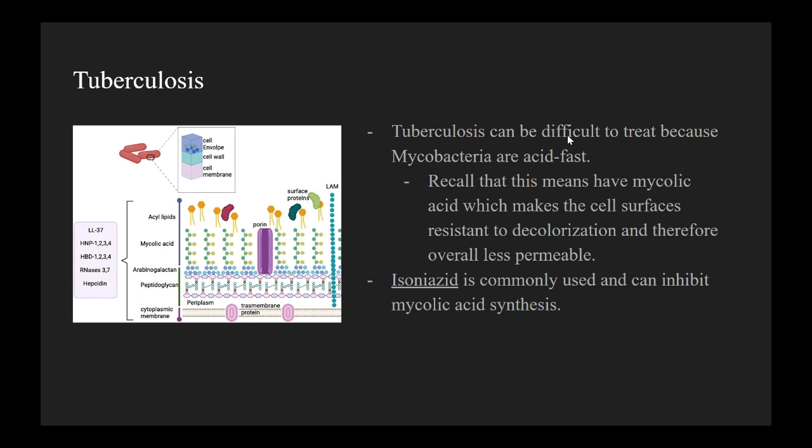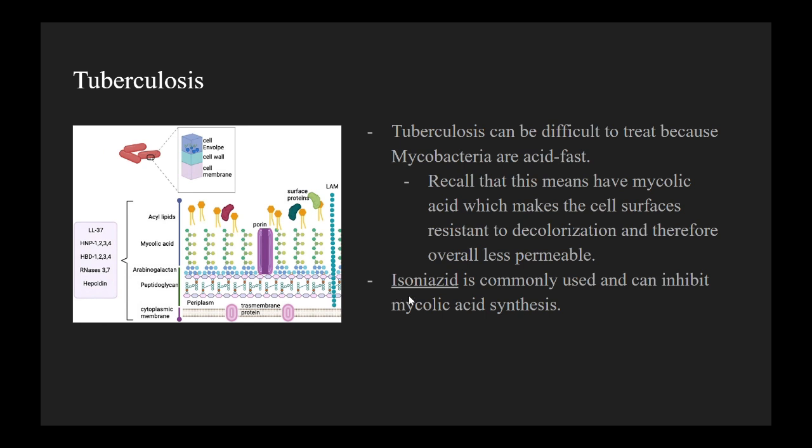So it can be difficult to treat because they're acid fast, right? Like I said before, this means they have mycolic acid, which makes the cell surfaces very resistant to decolorization, overall less permeable, and very strong and resistant. Since this is a challenge, what we can do is use isoniazid.